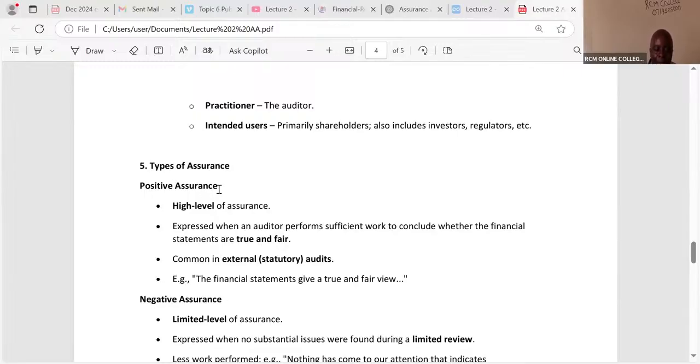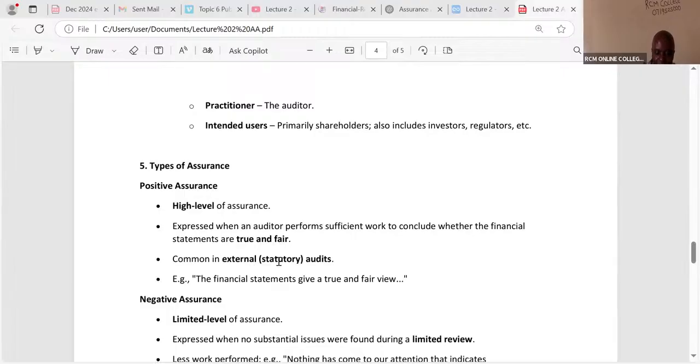So remember, this positive assurance is a high level of assurance, not 100%, not absolute, but a high level of assurance expressed when an auditor performs sufficient work to conclude whether the financial statements are true and fair. When I'm able to collect sufficient, appropriate audit evidence, then I'll be able to give, ladies and gentlemen, what we call a high level assurance, which is positive.